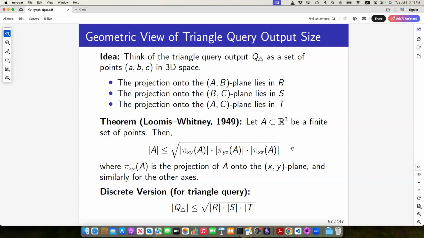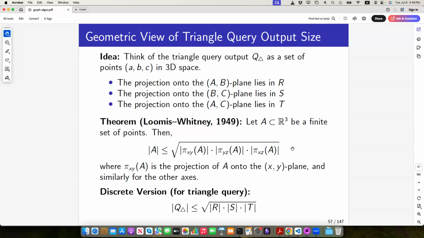Suppose now I don't show you the object, I don't show you the volume of the object, but I show you the 2D projection of this object on the floor, on this side and on this side. And I tell you this is how many square centimeters it is here, how many square centimeters it is here, and how many here. Question, how large can the volume be?